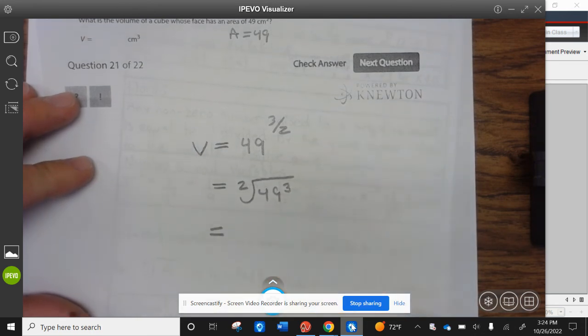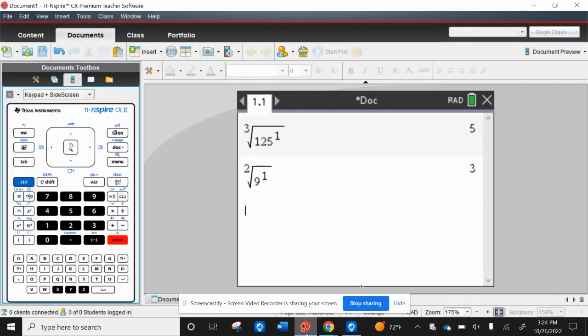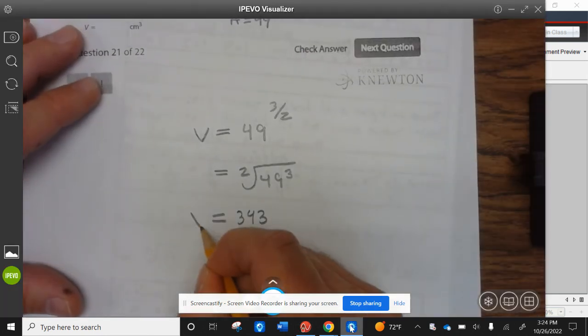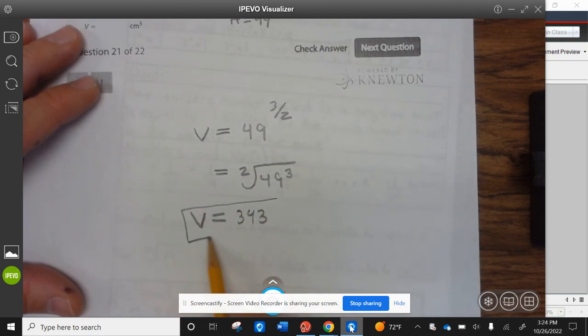So all we have to do is plug that into our calculator, okay? So that's control root of 2 of 49 cubed equals 343. So the volume equals 343.